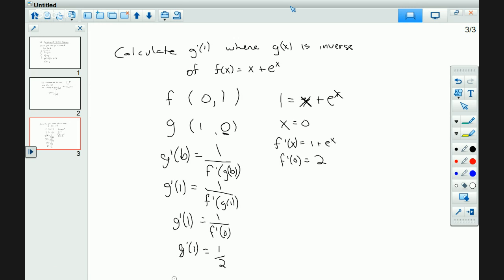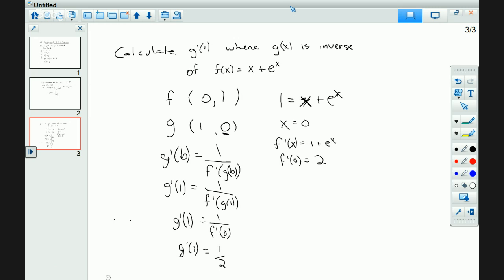So why do we have to do this? That tells me this value. Because I know that all I was given is to calculate G prime of 1 and F. So this helps me see that G of 1 is the y value for that, when we're switching x's to y's.